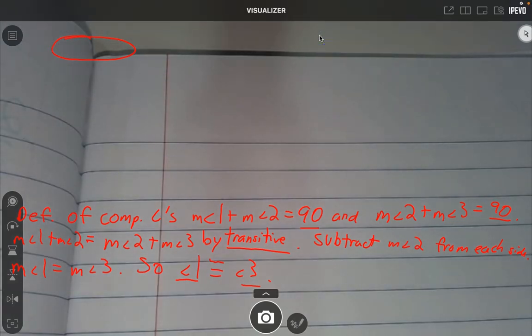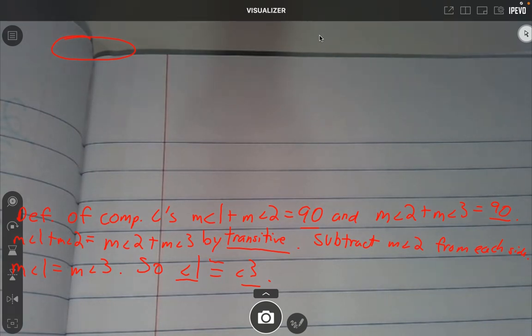Number 1. Number 2. 3. 4. 5. 6. 7. 10. Where is this one? Hold on, we might have to go backwards.